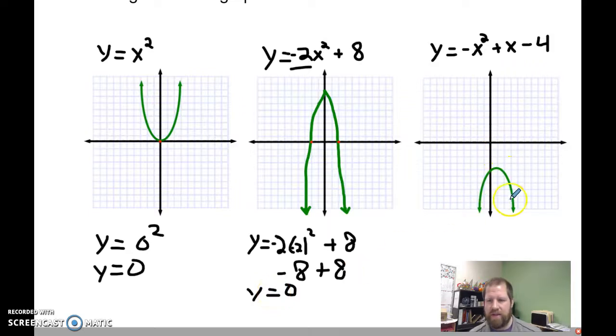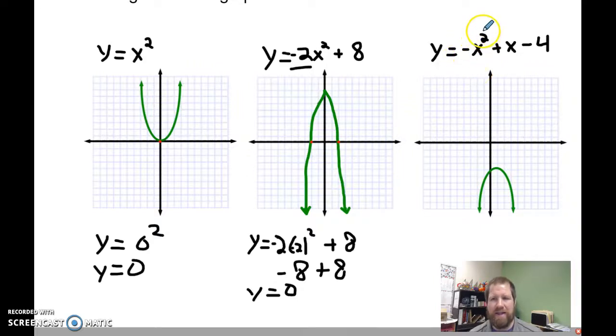Okay, and then this last one, we can see, yeah, it's not touching the x-axis. This shouldn't have any zeros. Okay, there shouldn't be any possible values of x that make y 0. And if we think about it, this -x squared is always going to be a negative number. Okay, so I always have a negative x squared there.